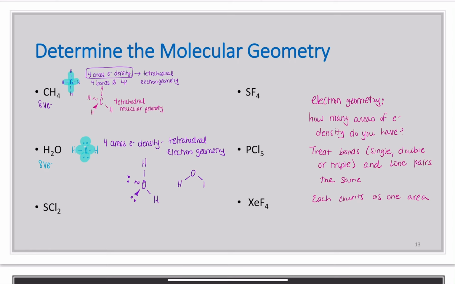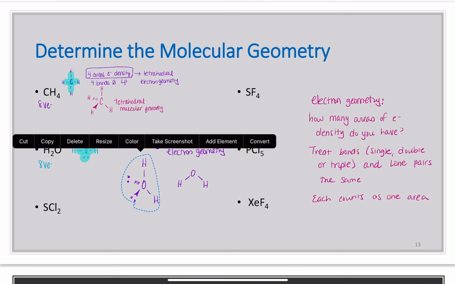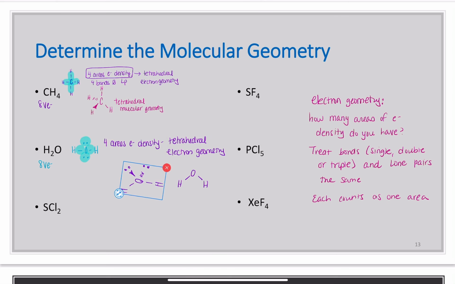But you see, this is how I get this shape that we often draw water in, because if I was to rotate this, it's that relative shape. This is called bent, and this is your molecular geometry. Remember, molecular: how is the molecule actually put together?